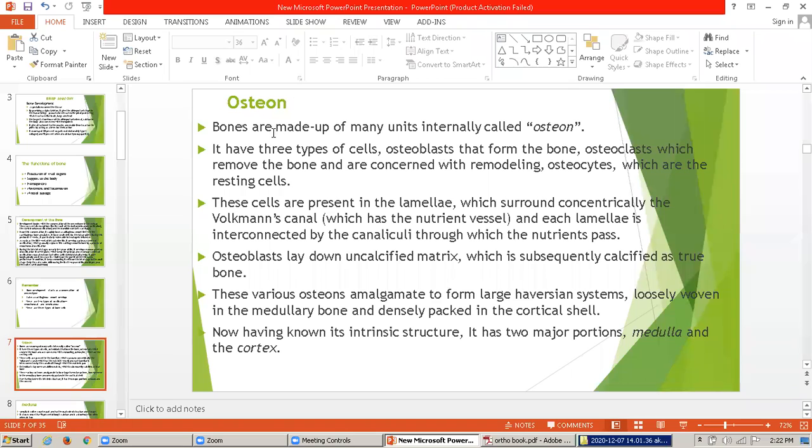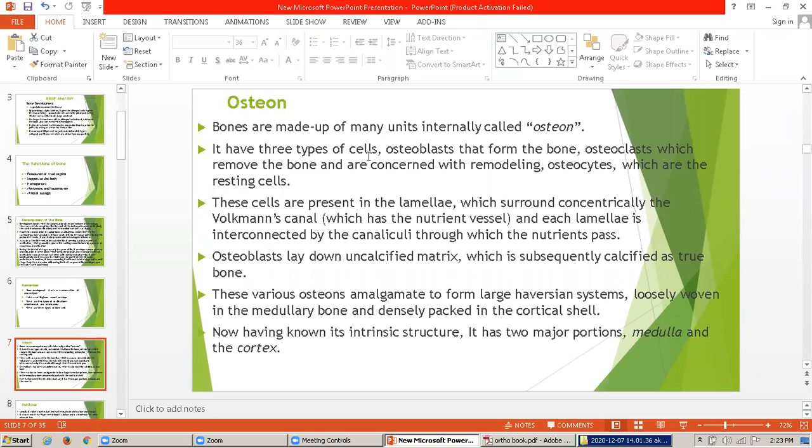The first one is the osteon. What is the osteon? Bones are made up of many units internally, and these are called osteons.